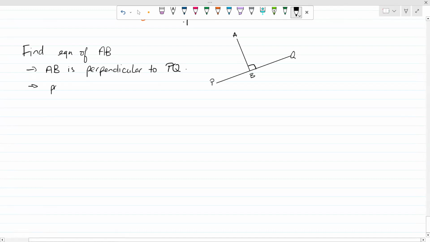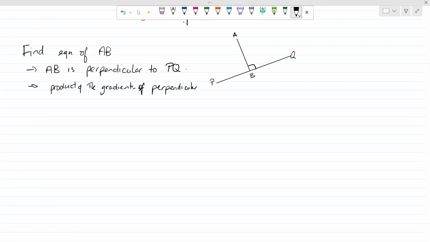The product of the gradients of perpendicular lines is always minus 1. Now, what does that mean?